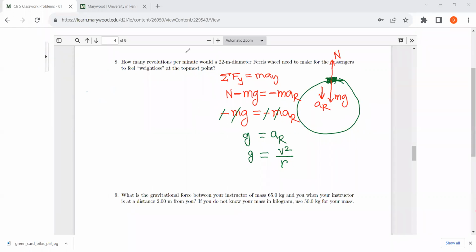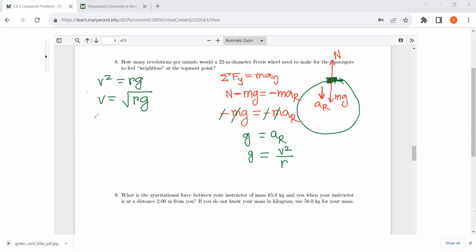From this equation we can write v squared equals r g, or v equals the square root of r times the gravitational acceleration. This gives us the velocity, but it asks us to calculate the frequency.